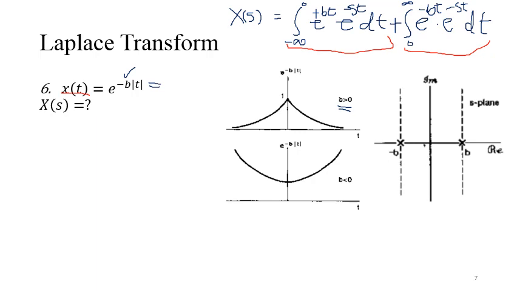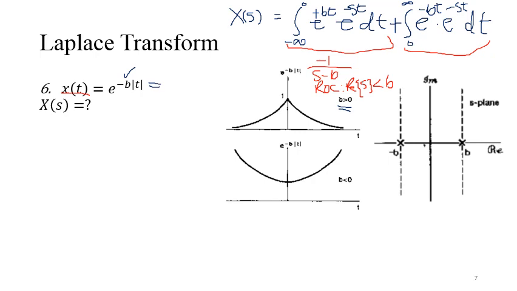So if I straight away write its Laplace expression, I think you can do it. If you do it, you find that its expression is minus 1 over s minus b, and its region of convergence is real of s less than b.